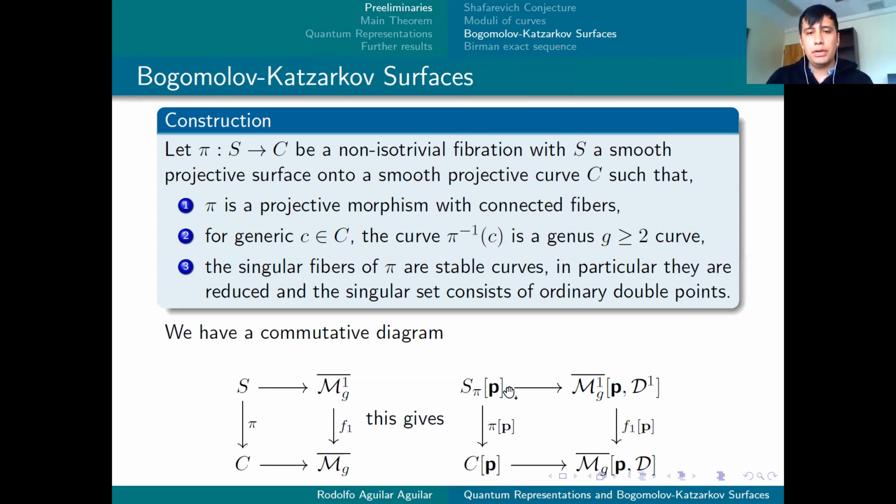But here we can encode all this information into stack information. In the base, this root stack is codifying the ramification. This is as follows. This C intersects the divisor at infinity precisely when it has the image of a singular fiber.